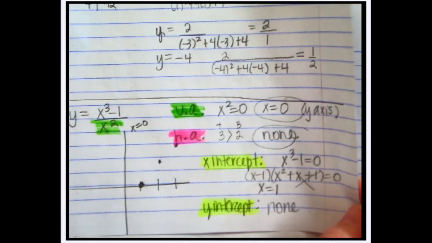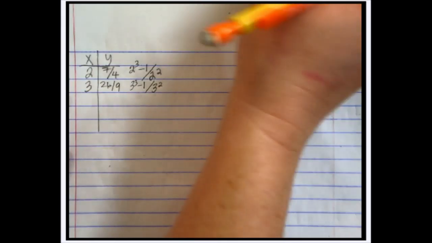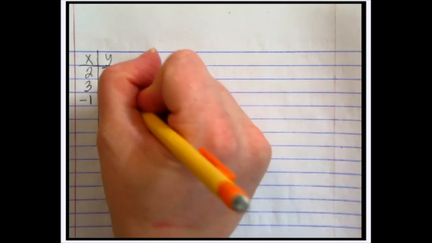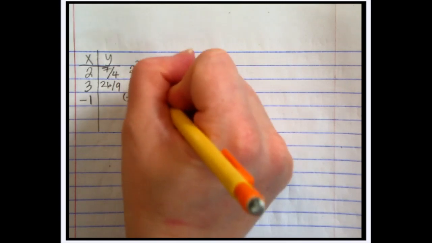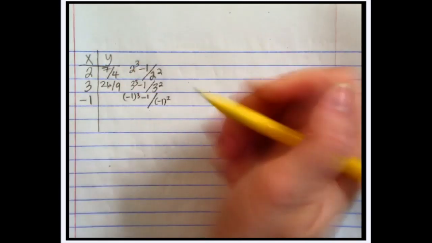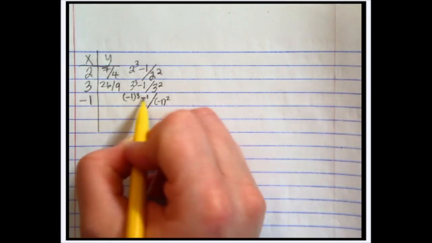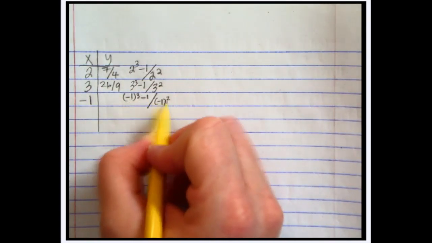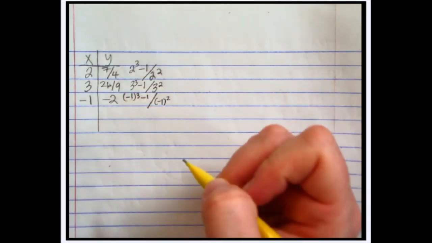Okay, and then let's go ahead and look on the other side of our thing. So let's do -1. So if I take -1 cubed, minus 1 over negative 1 squared. Negative 1 cubed is negative 1, minus 1 is negative 2, over negative 1 squared, so we do get negative 2.